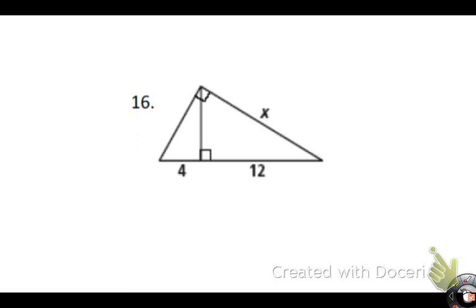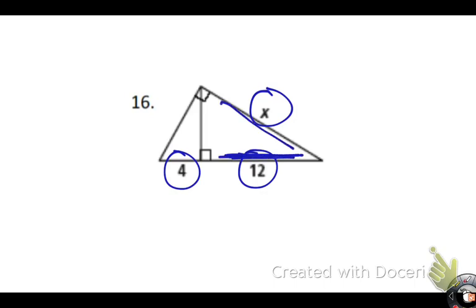Okay, next one. So this one I would say is utilizing the right side because it has this side, the whole thing. So this proportion goes this over this equals this over the whole thing.